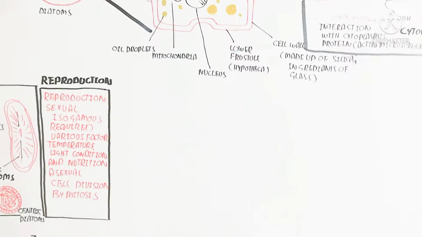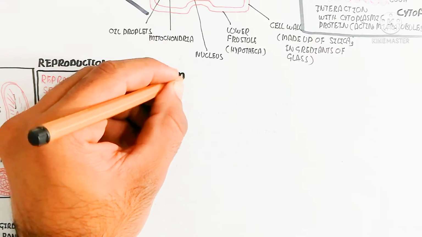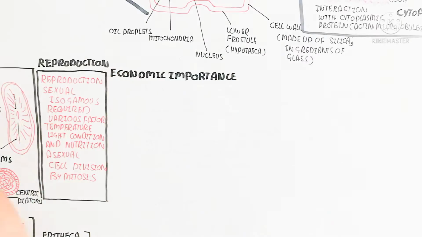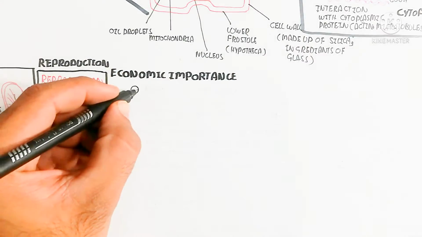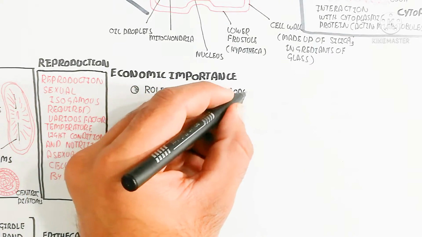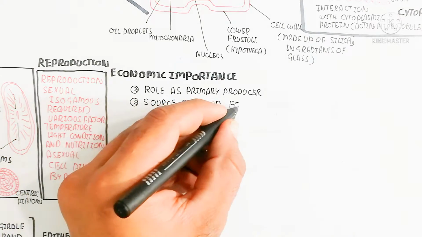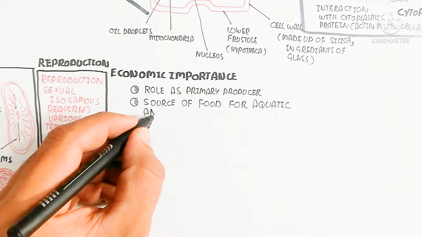Phosphorylated serine and silaffin are also present. Silaffin is used for the deposition and hardness of the silica, and for interaction with the cytoplasm, protein, actin and microtubules, which are used for the movement of the cell.